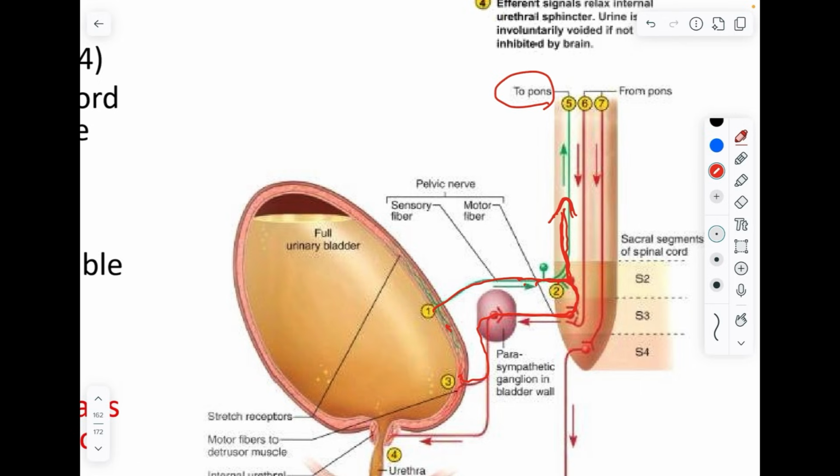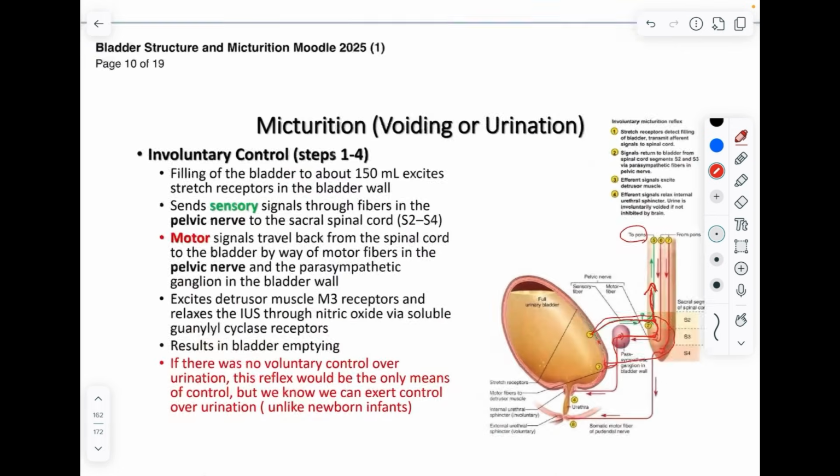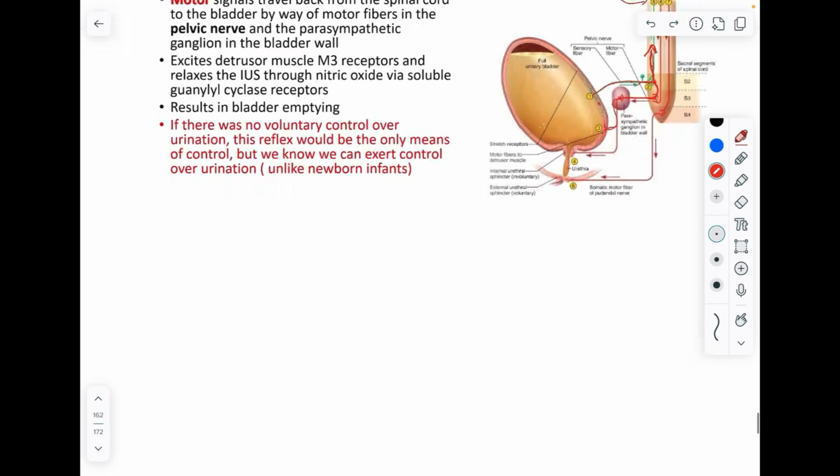This is where you can control. You feel, okay, I might need to urinate, and you can control whether or not you want to. But in babies, for example, they do not have this pathway. So what happens is this: it goes and comes back and they start urinating.